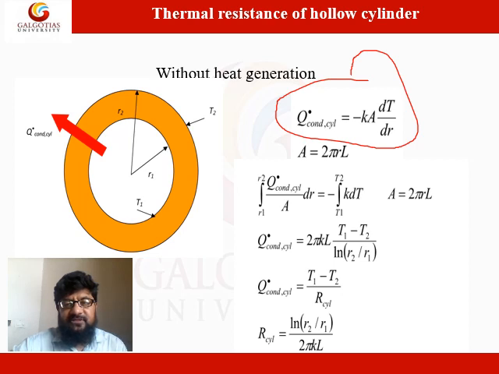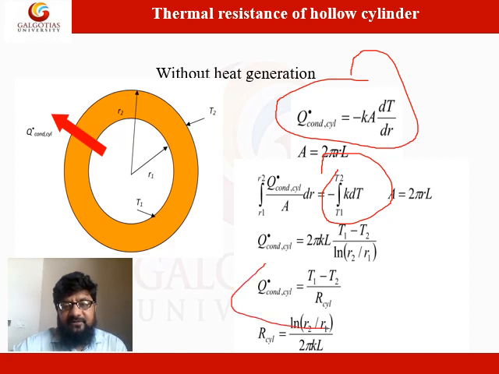So rearranging the terms and integrating with respect to dr, the integrating limit will be R1 and R2, where the temperature varies between T1 and T2. So we can calculate the Q conducting through the cylinder as 2 pi KL (T1 minus T2) over ln(R2 by R1).